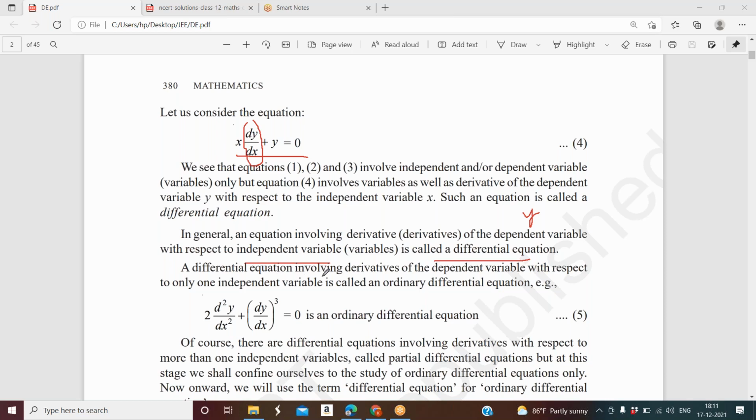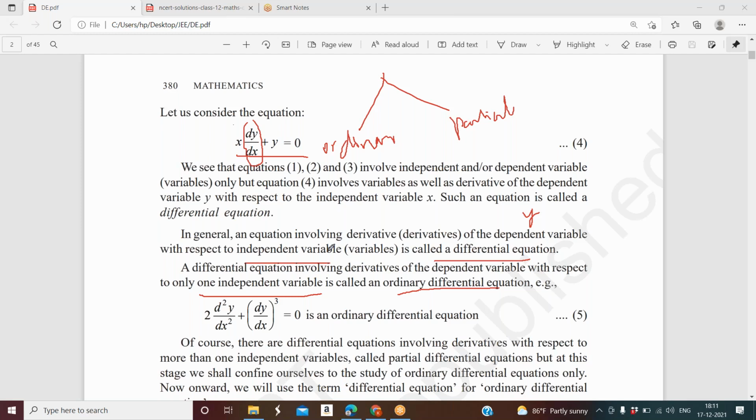A differential equation involving derivatives of the dependent variable with respect to only one independent variable is called an ordinary differential equation. Differential equations are further classified into two types. One is ordinary differential equation, and another one is partial differential equation.